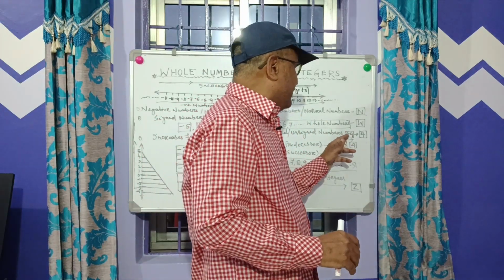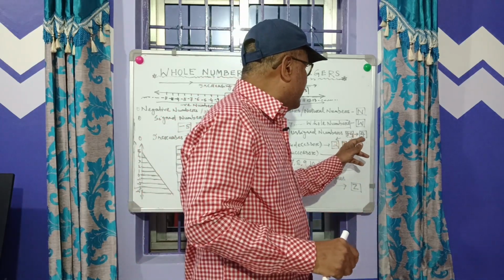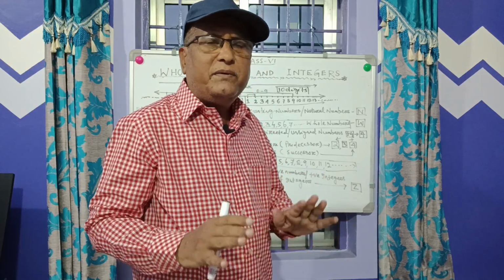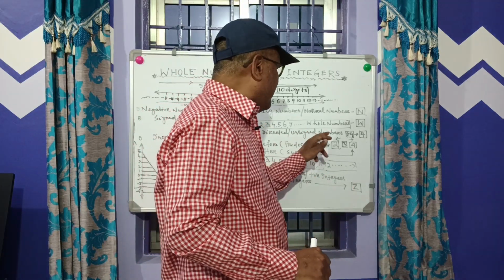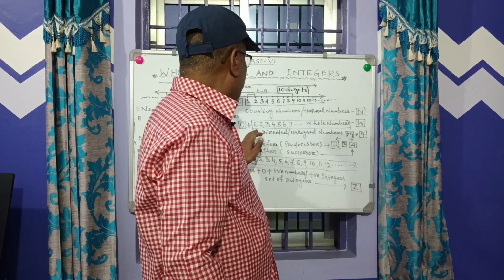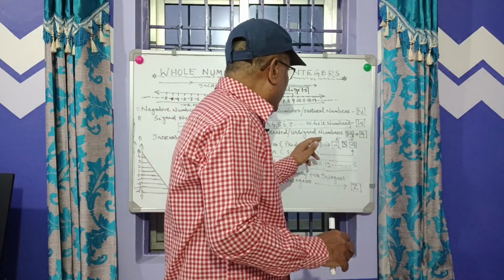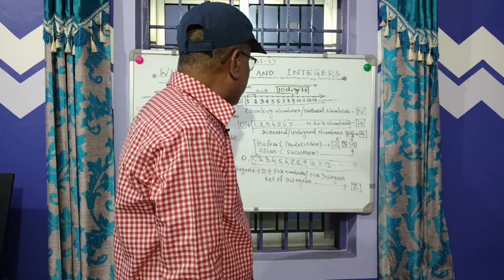So instead of using the plus sign, we write only 4. So 4 implies it is a positive number. So this is called an unsigned number or directed number. So 1, 2, 3, 4, 5, 6, 7, these are unsigned numbers or directed numbers.